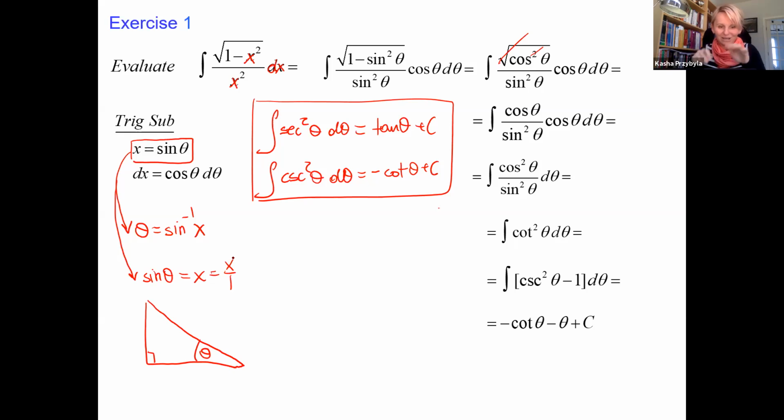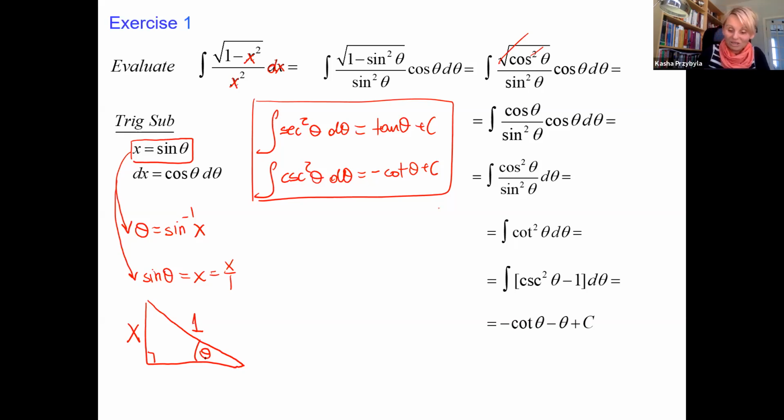Opposite, hypotenuse, adjacent. Which side will be x? Which side will be 1? SOHCAHTOA. x is opposite, yes, opposite over hypotenuse. Really good. Thank you.